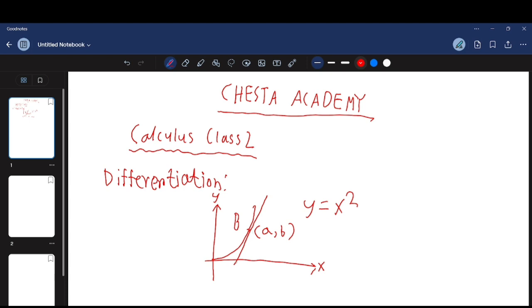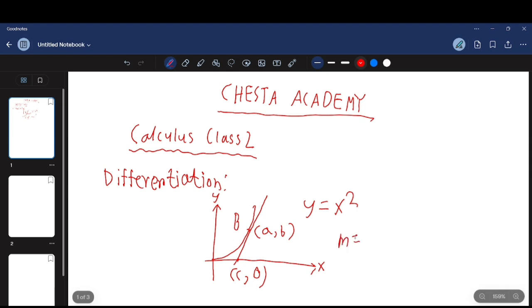So here, let's say this coordinate is (c, 0), and it intersects the x-axis, thus the y coordinate is 0. So how do you find the gradient of this tangent? By simply using the formula m.